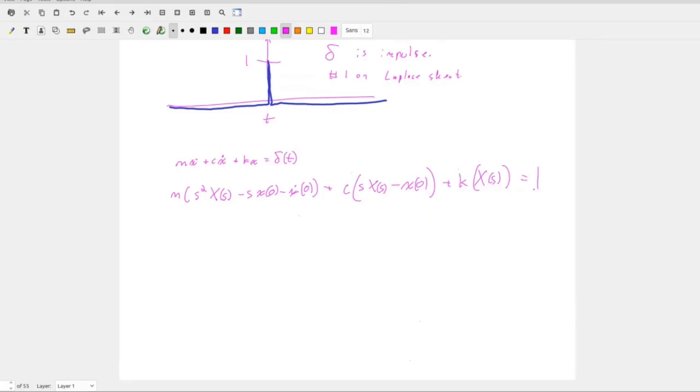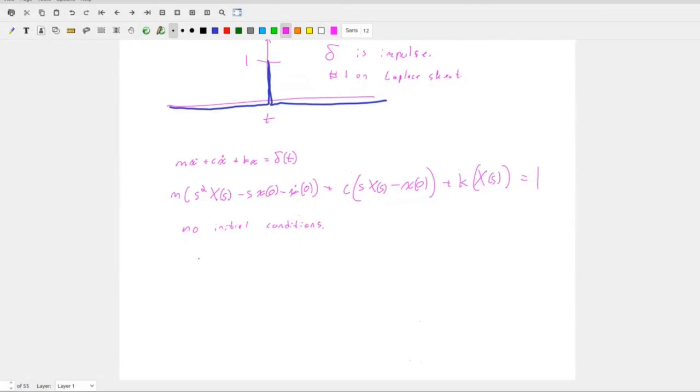And that 1, again, is coming from our Laplace sheet, number 1. That makes sense. However, let's assume 0 initial conditions, so we have no initial conditions, which is something that we can do now because we have an input into the system, so we couldn't do that last time.